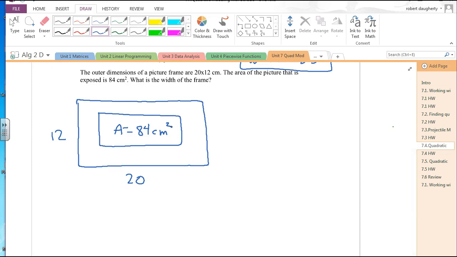Okay. Now, we'll do the same thing we did. Let x equal what? The width. Let x equal the width of the frame.